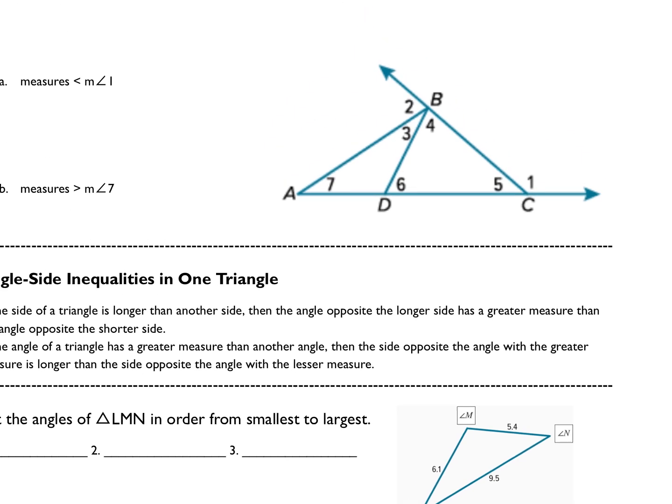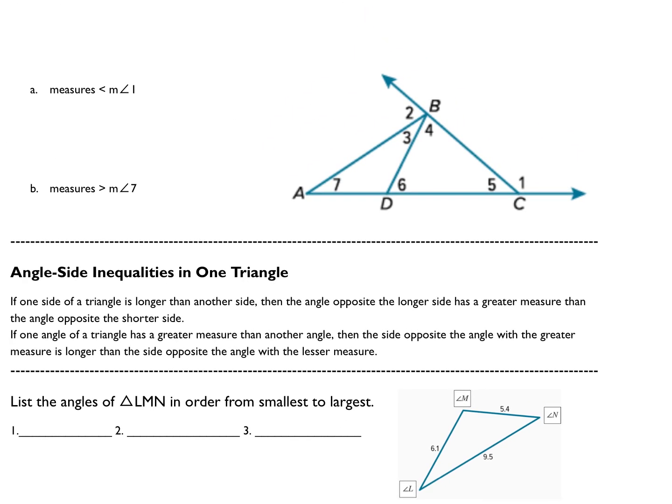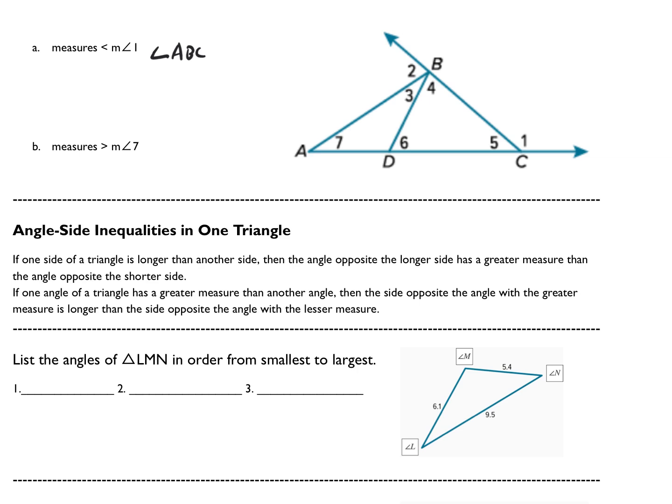So here is another example. We're looking for the measures that are less than the measure of angle 1. Angle 1 is an exterior angle of triangle ABC. So therefore, angle ABC will be less than the measure of angle 1. And then, of course, the measure of angle 7, which is BAC, will also be less.